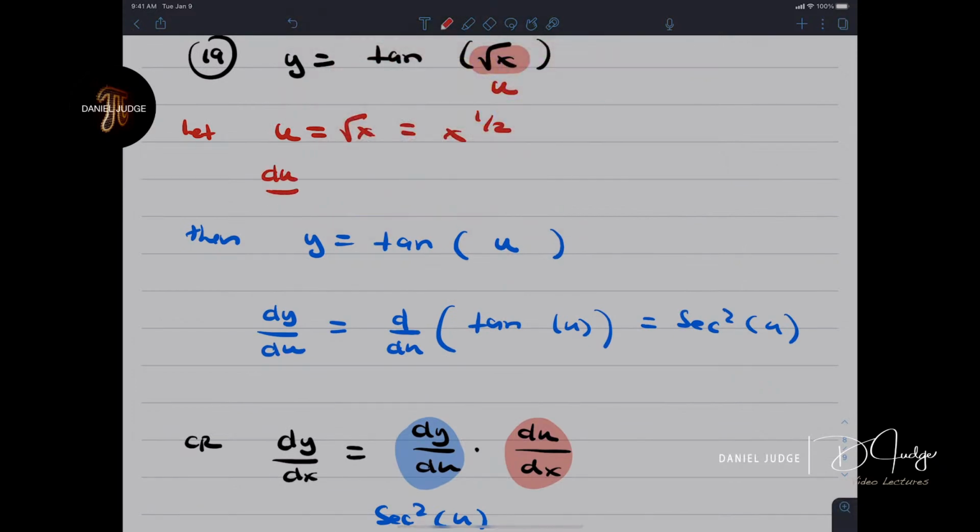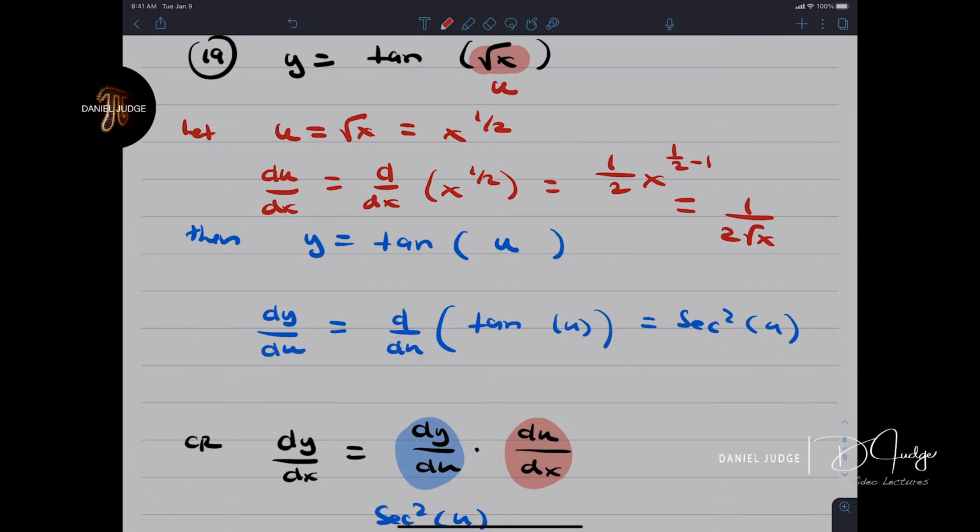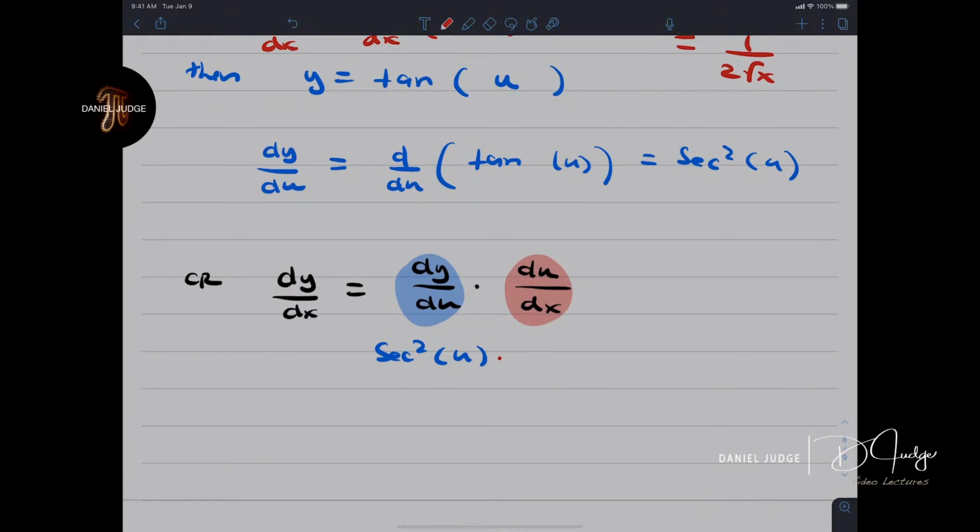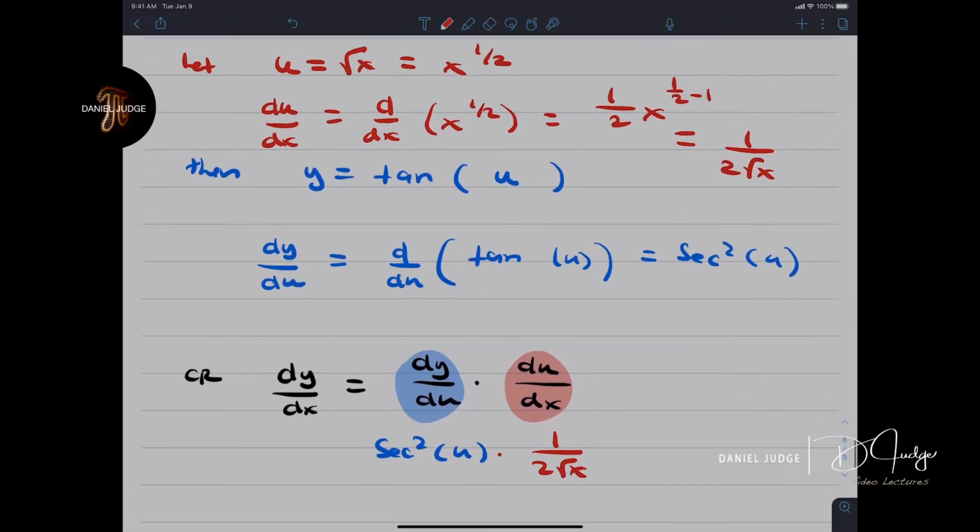Du dx becomes d dx, x to the 1/2, 1/2, x to the 1/2 minus 1, which we've seen over and over again as 1 over 2 square root of x. So this is going to be 1 over 2 square root of x.